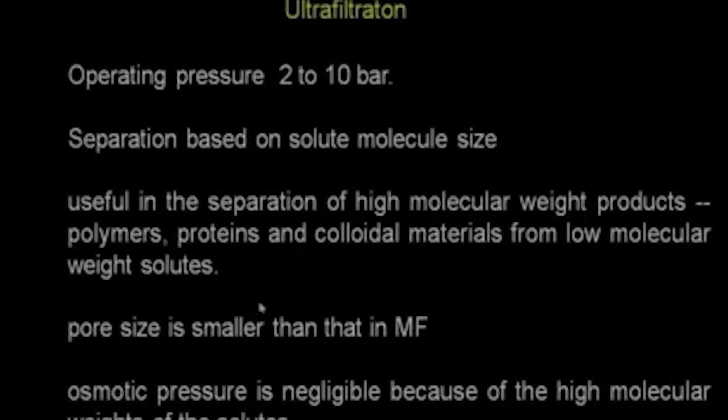Here the pore size is much smaller than in microfiltration, which is why you resort to higher pressure. Okay. So when the pore size is very small, you have to go for a higher pressure. Here osmotic pressure is also negligible because of the higher molecular weight of the solutes that we are dealing with.